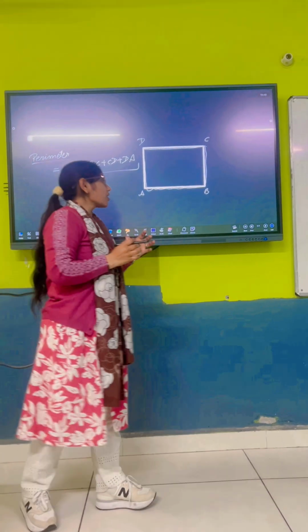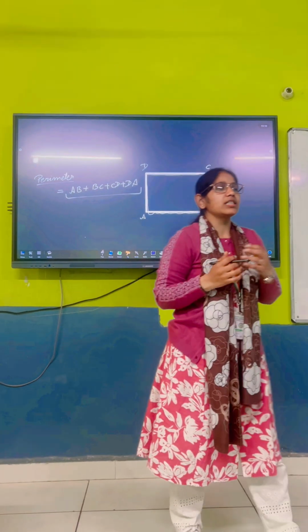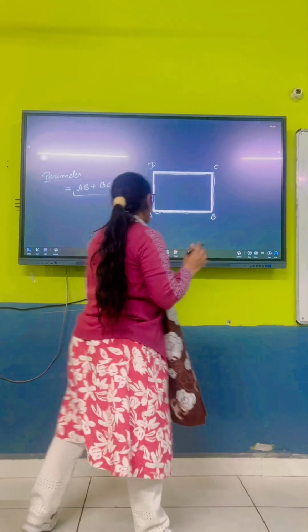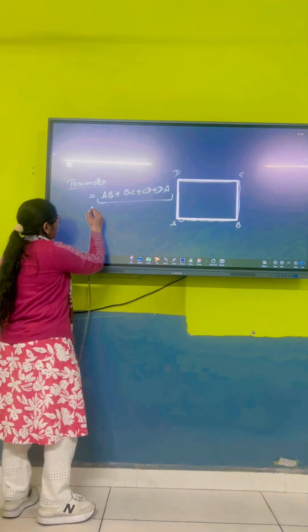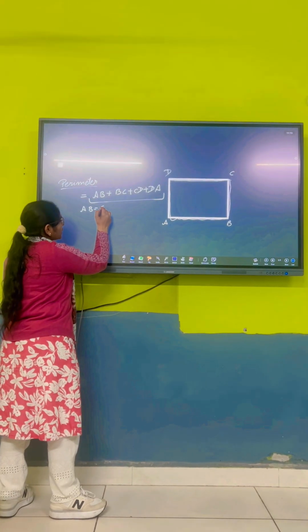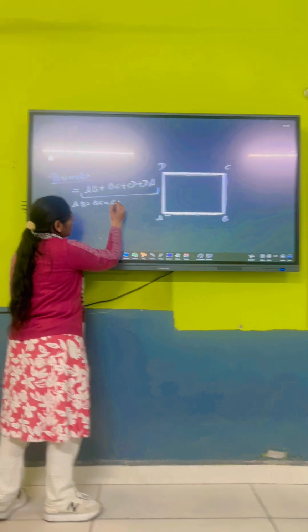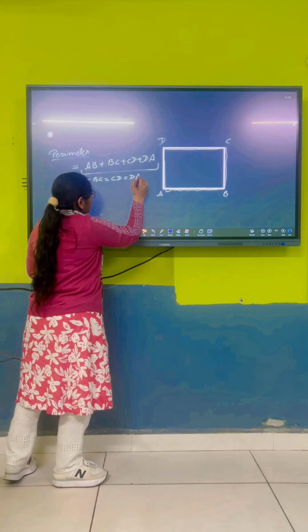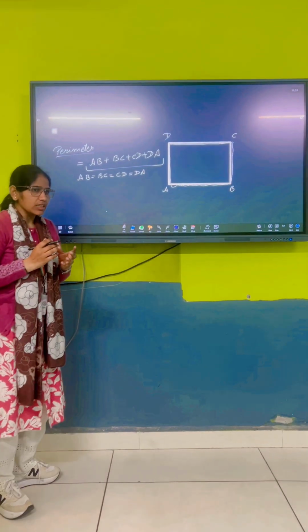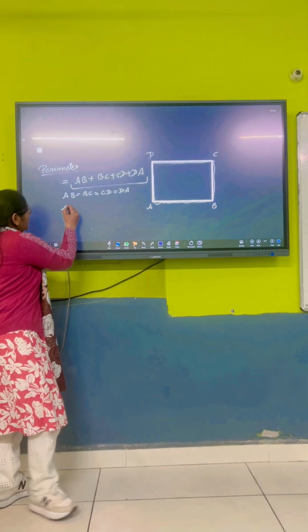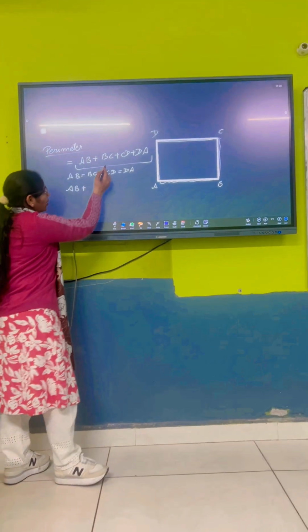Suppose in this figure all sides are equal. Then AB equals BC equals CD equals DA.